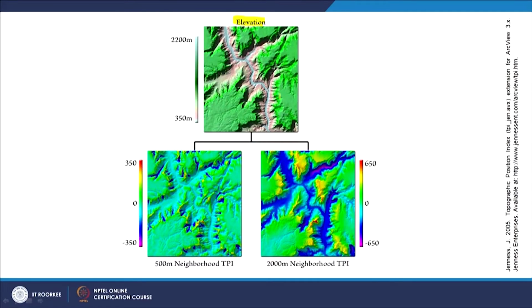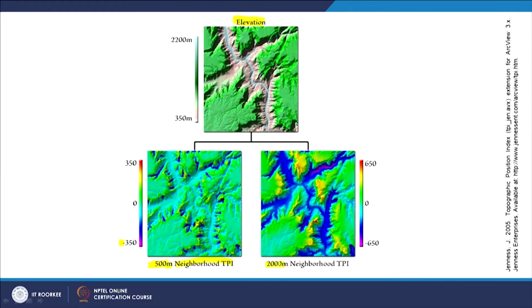So, when the scale is 500, or the spatial resolution of the digital elevation model is 500, this is how the TPI has been decided, the neighborhood TPI minus 350 to plus 350. So, hardly you are seeing a few hilltops which have been identified in this scenario.